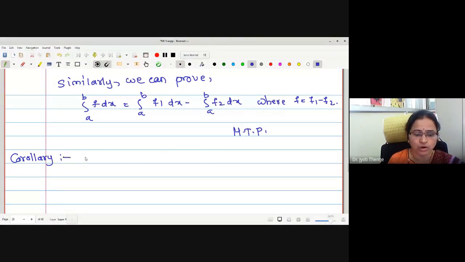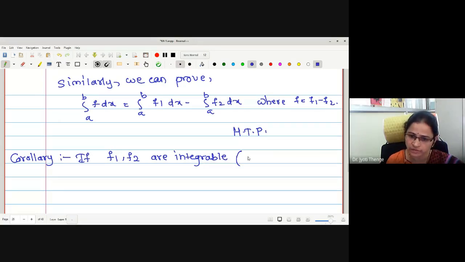The corollary of the statement is regarding the linear combinations of two integrable functions. Let me write the statement. If F1, F2 are integrable, that is F1, F2 belongs to R over closed interval AB.